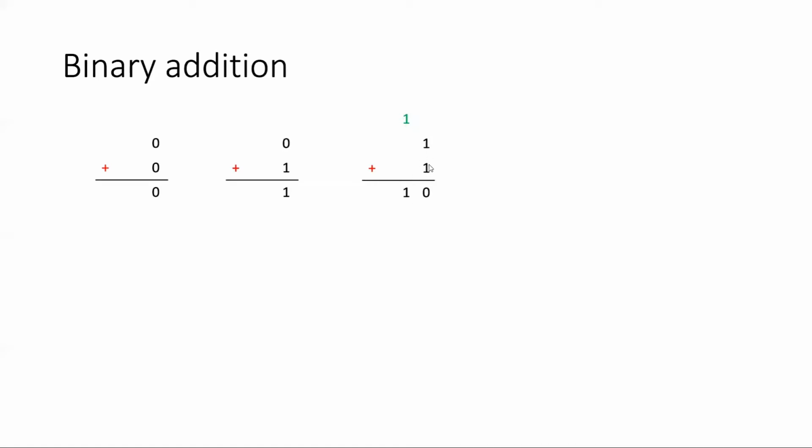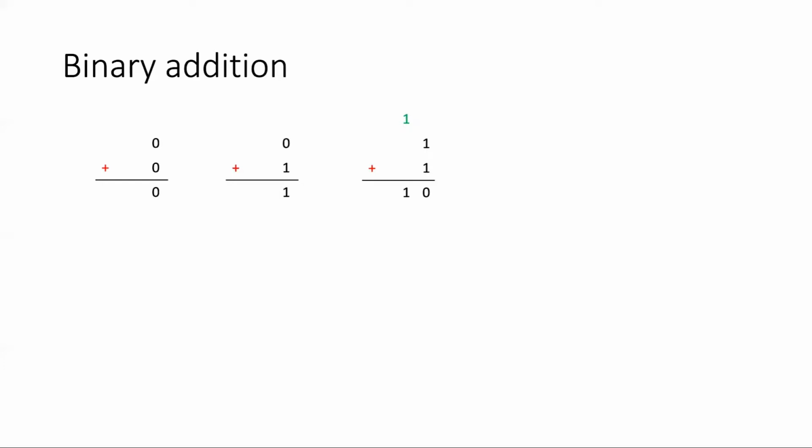So 1 plus 1 is equal to 2, and the binary representation of 2 is also 1, 0. We use these basic cases for binary addition with as many bits as we have.